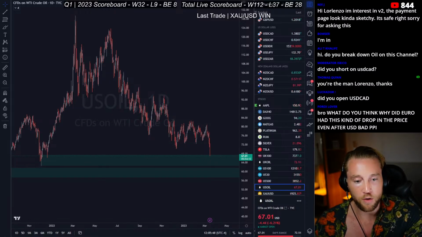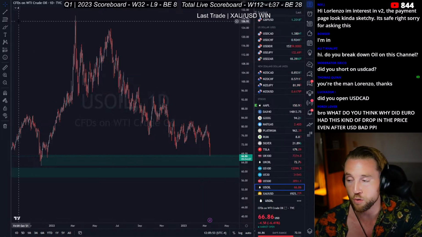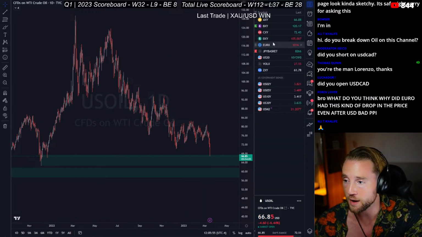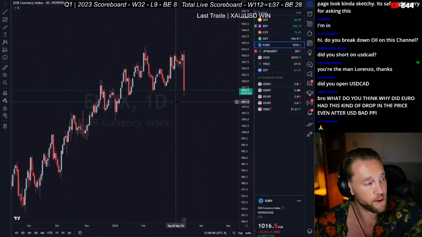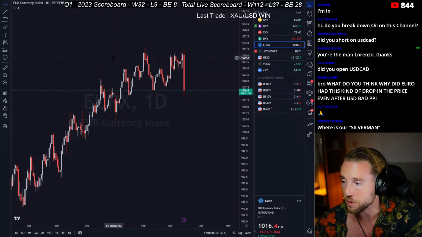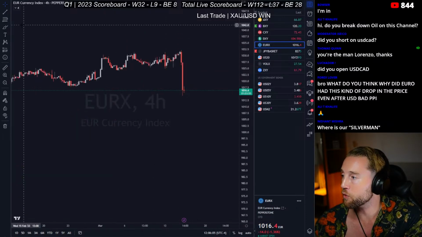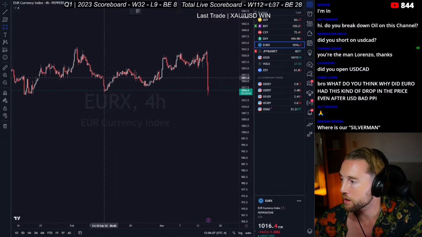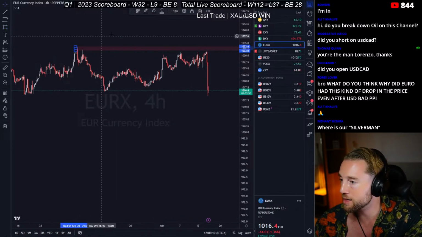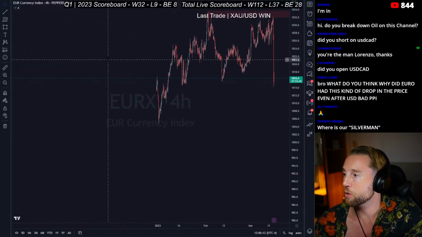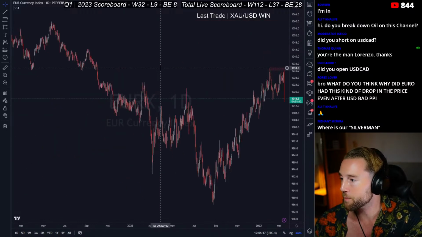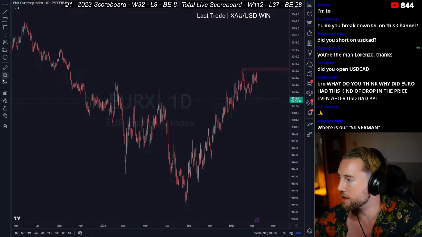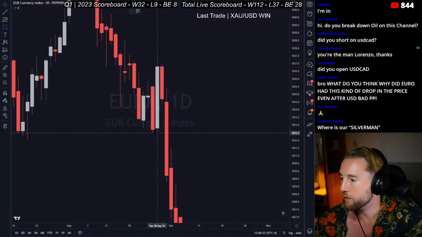Bro, what do you think about why Euro had this kind of drop in price after the USD? Well, tomorrow we have major news for Euro that could have something to do with it. Number one, gold had a solid expansion to the upside. Number two, when you look at the 4-hour chart, where did we bounce from? A minor zone in this area. If you zoom out further, you understand that this was the zone where you got rejected from on the Euro index.